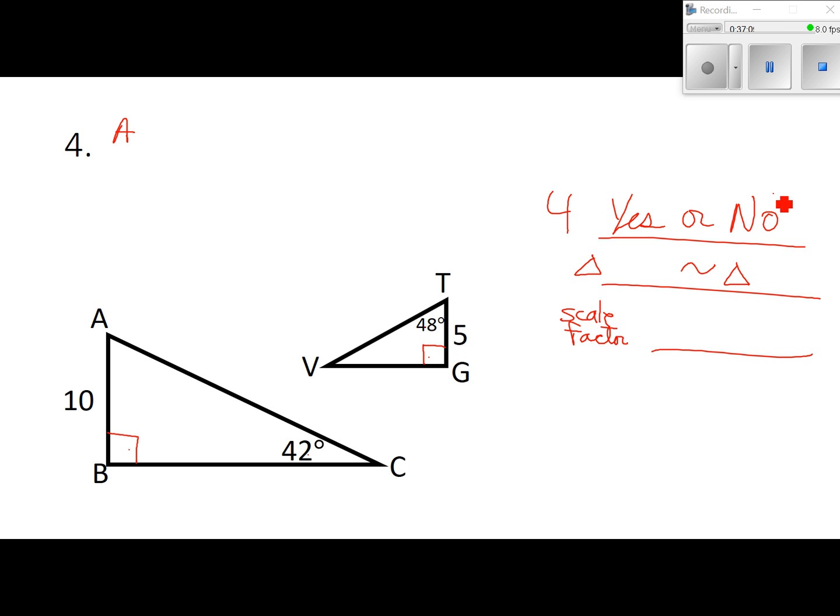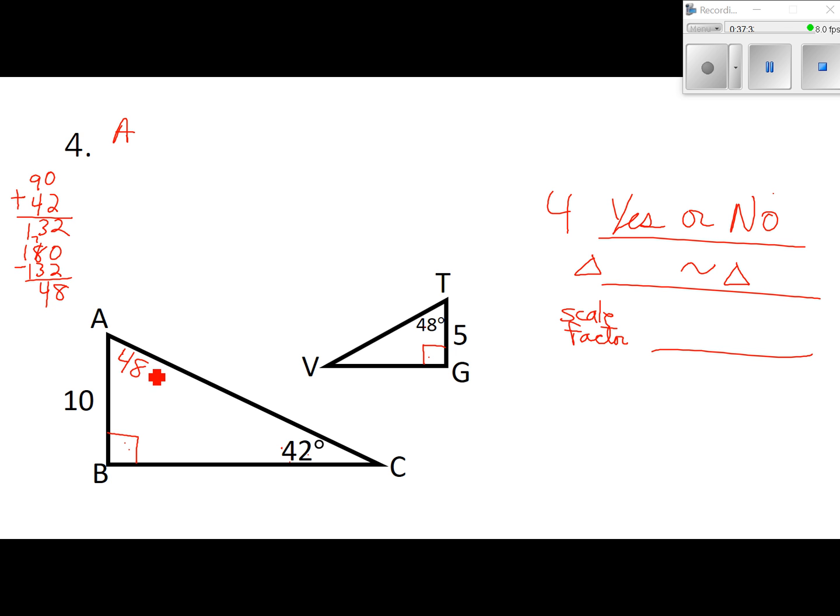But this one, we do have more information, because if this is 42, we can find this angle. 90 plus 42, we add them up, we get 132. We subtract that from 180 and we end up with 48.